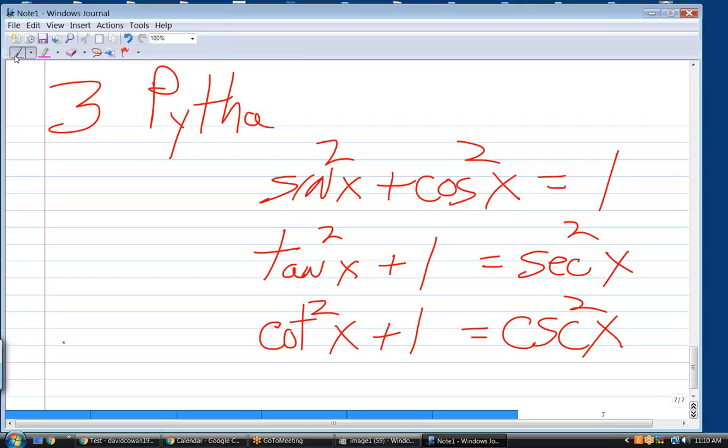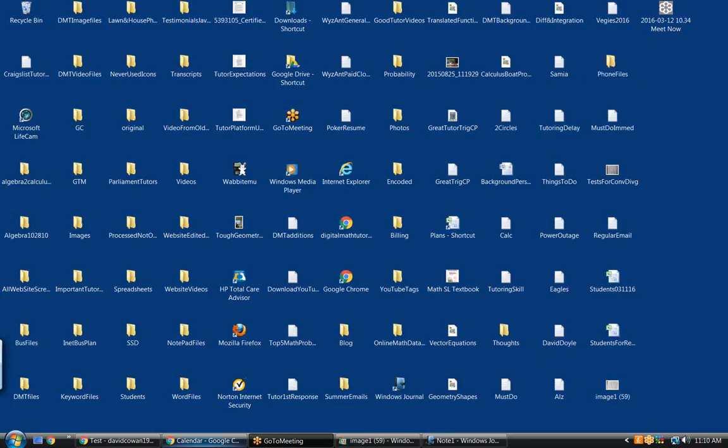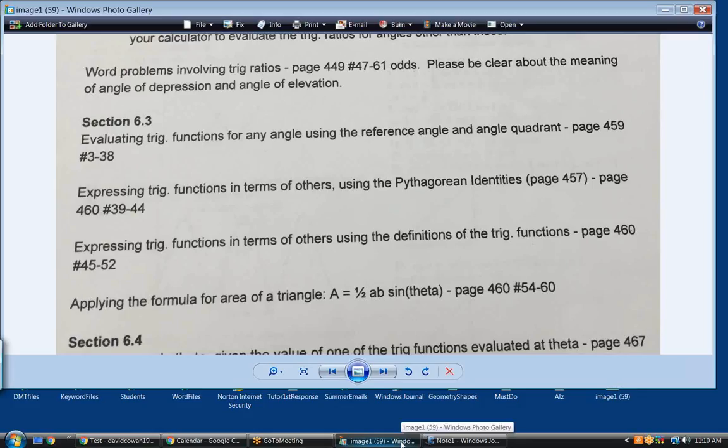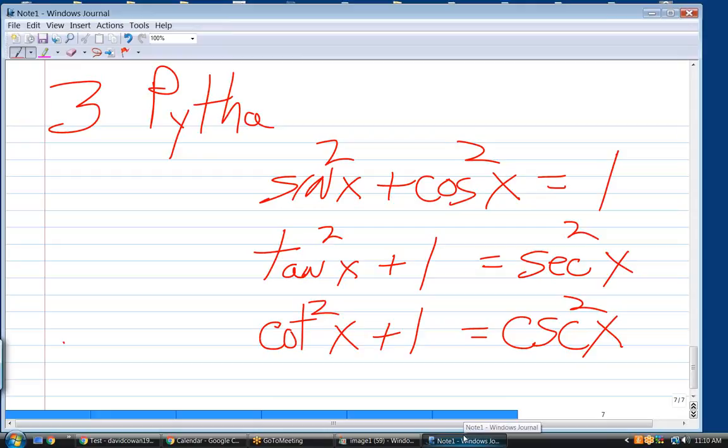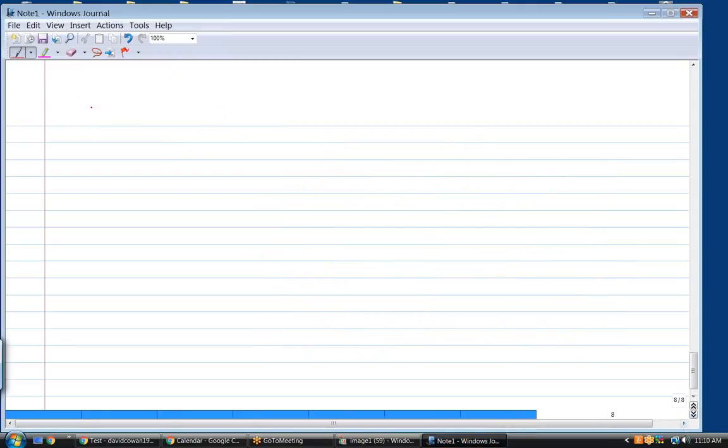Yeah. All right, let's see what else we got here. Is that all of them? That's the 11 important ones. I'm just going to go down this page. There are others, but I don't know if you've had them or not. I can just briefly ask, have you had sum and difference?